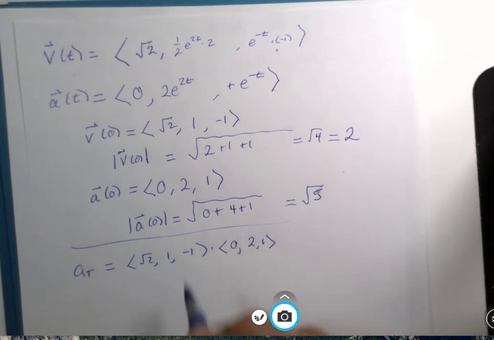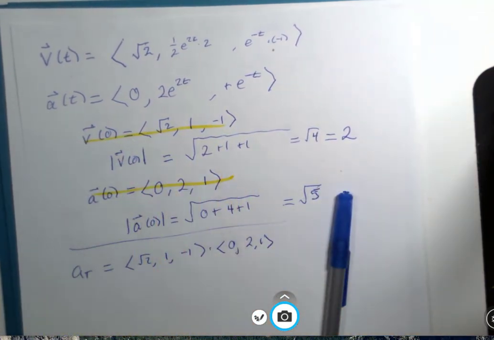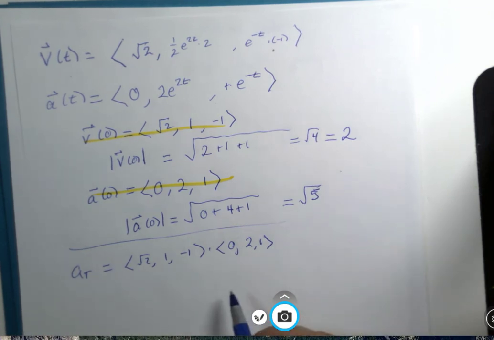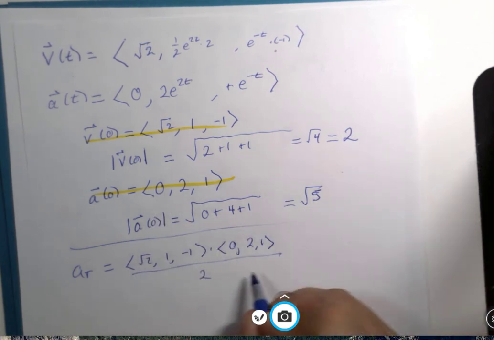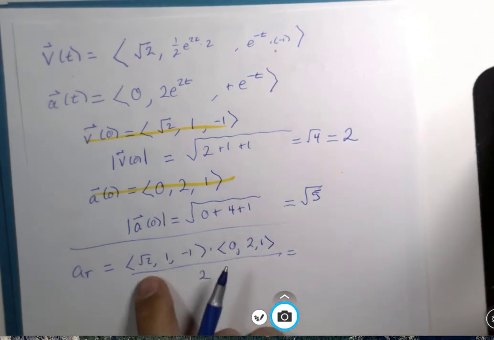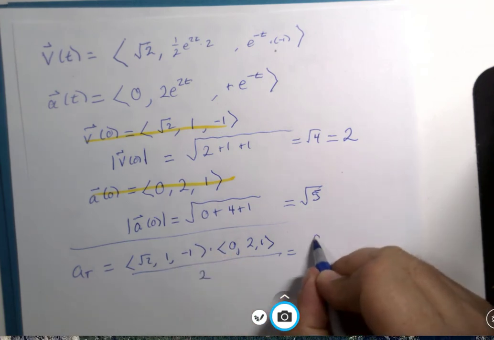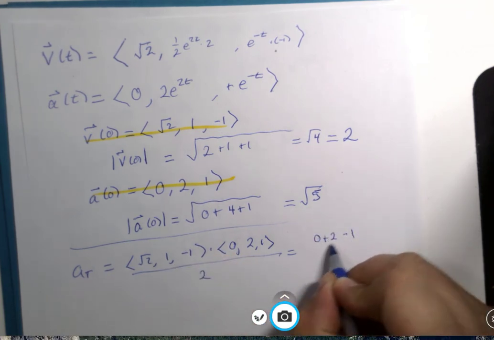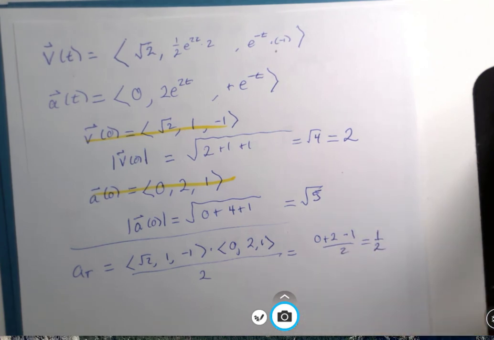They're right here. Okay, so that was the first vector, and that's the second vector. And divided by the magnitude of velocity, which is 2. See, root 2 times 0 is 0. 2 times 1 is 2. We get 0 plus 2. We get minus 1 over 2. That's going to be 1/2. That's not horrible.